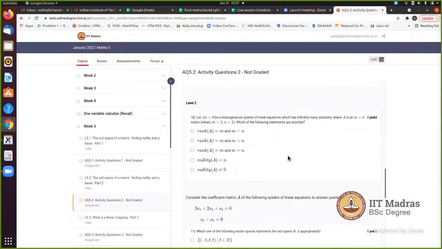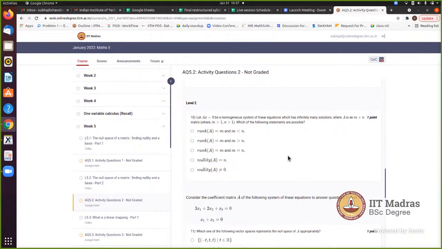Okay, Ax equal to 0 is a homogeneous system of linear equations which has infinitely many solutions, where A is an m cross n matrix. Which of the following are possible? Since it has infinitely many solutions, there are independent variables.